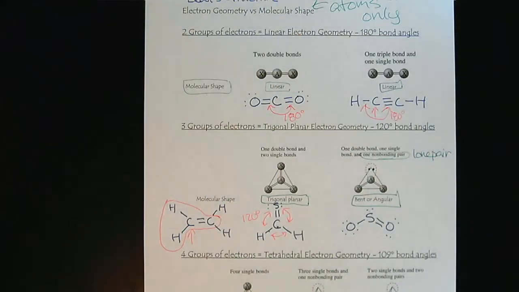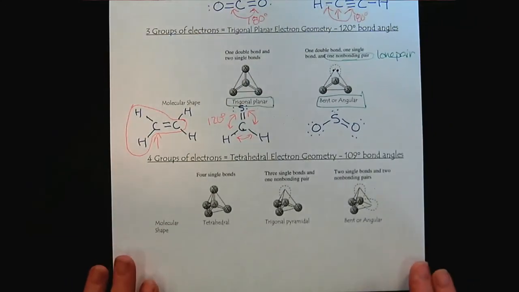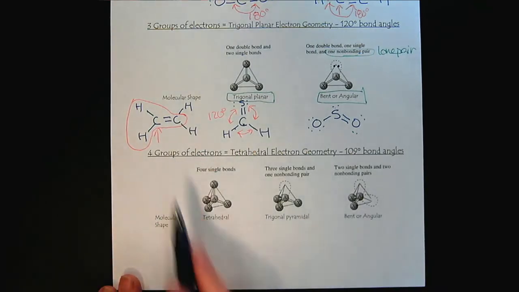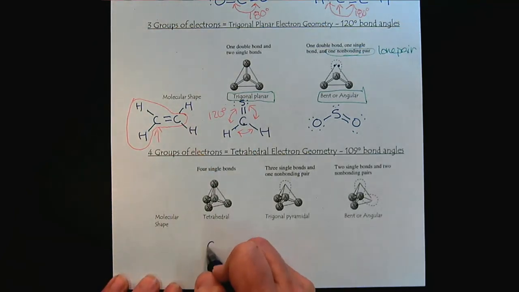And now we'll look at the last geometry we'll focus on for this course. We will look at the tetrahedron or tetrahedral electron geometry. Now we have 4 groups of electrons. So we've looked at this shape already, but we'll review it.